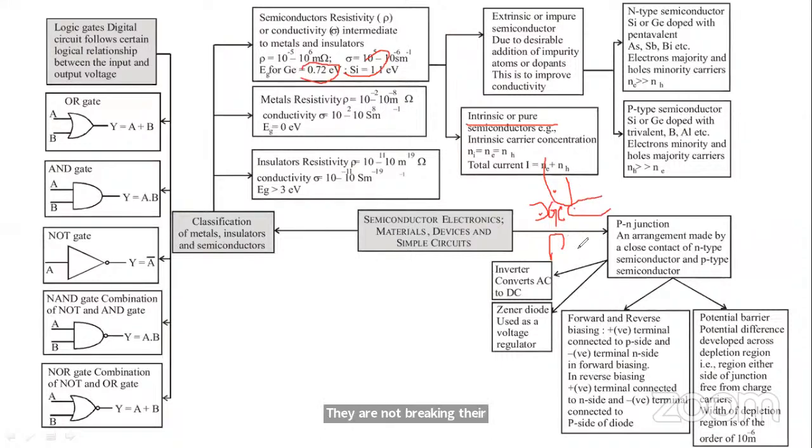When the temperature becomes high, these bonds are going to break down. Here you can observe that an intrinsic semiconductor has an equal number of electrons and holes.